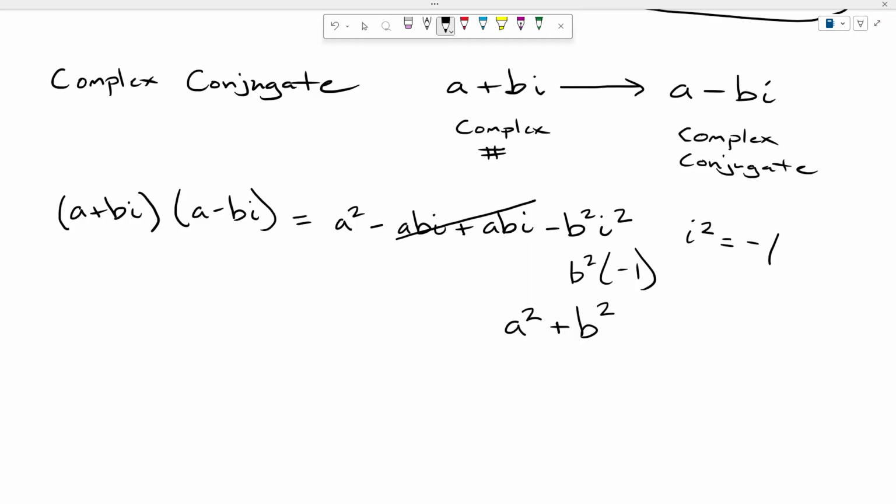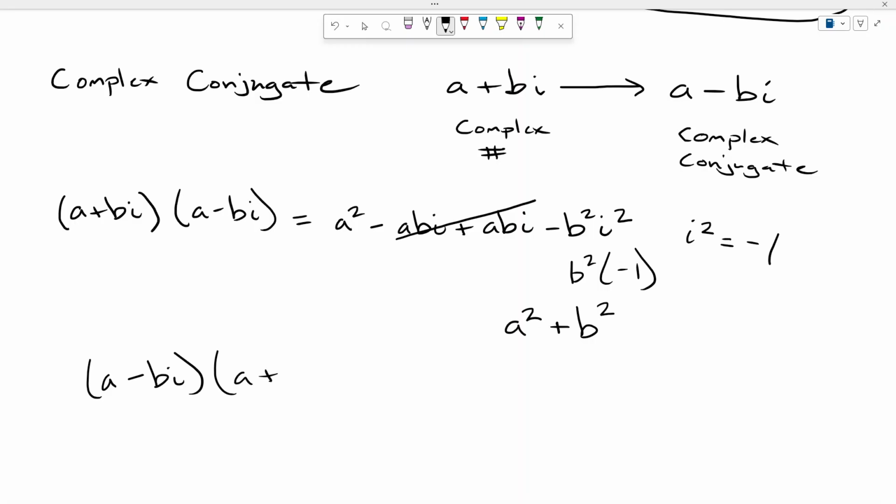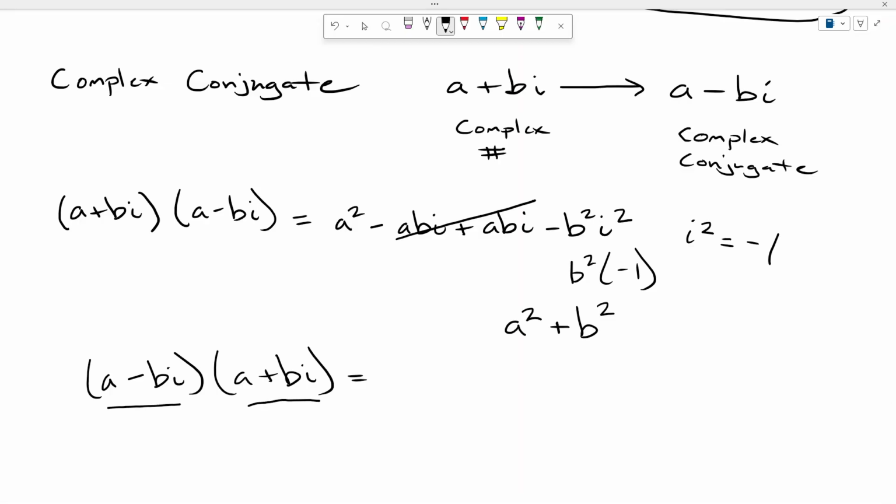And same thing if we went the other way and we had a minus bi and a plus bi. By taking a complex number, in this case a minus bi, and multiplying it by its complex conjugate, switching the signs, a plus bi, it results in a real number, because this will come out to the same thing.